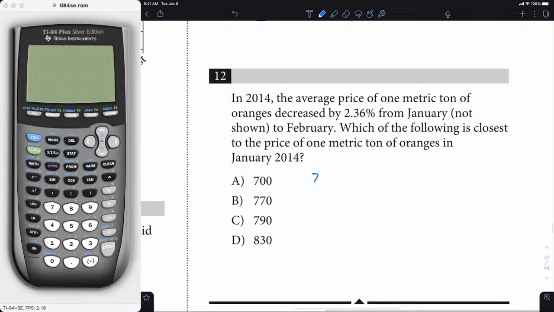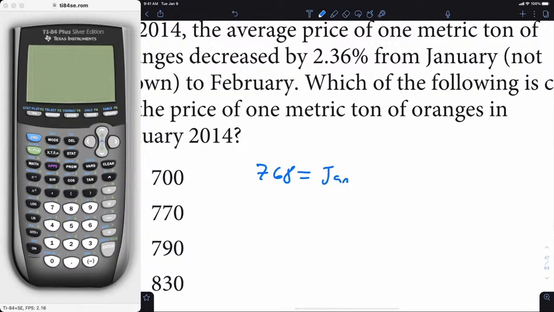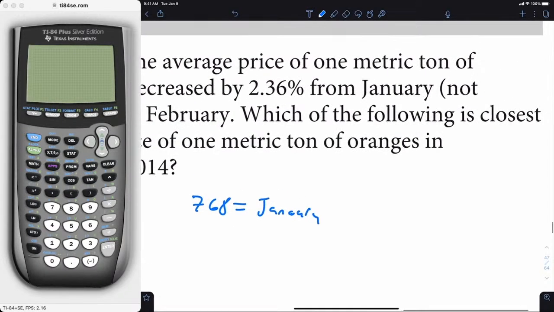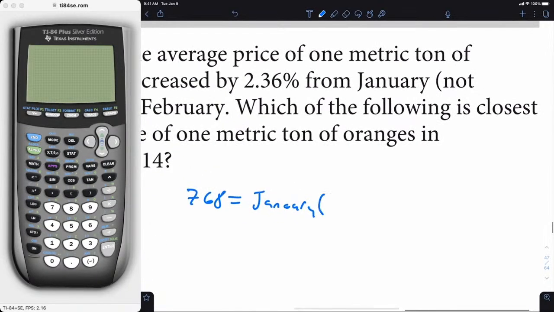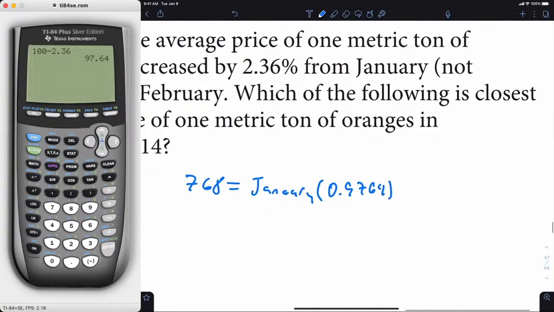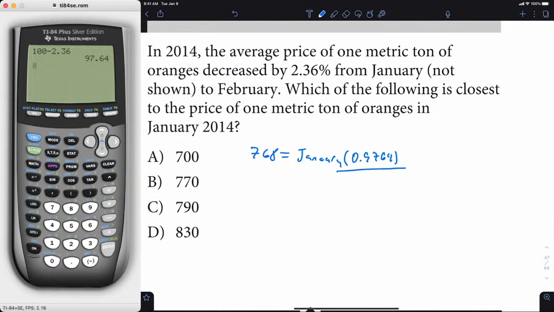So February, 768, is going to be equal to the price of January decreased by 2.36%, which means we're multiplying it by, let's see here on my calculator, 100 minus 2.36, 97.64. So it means we're multiplying it by 0.9764.